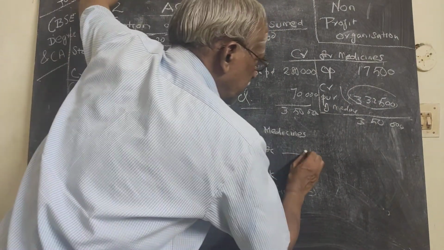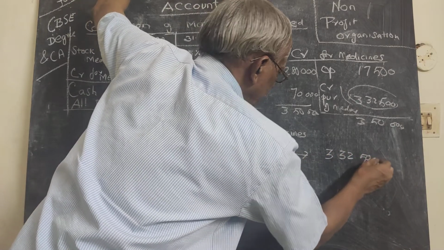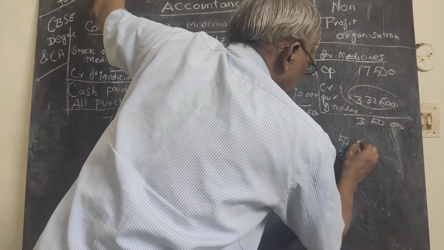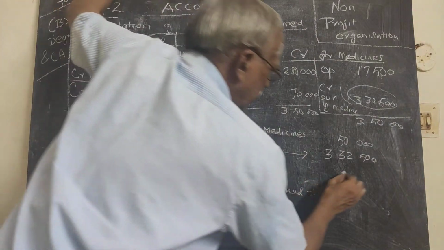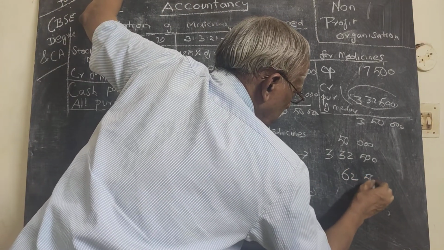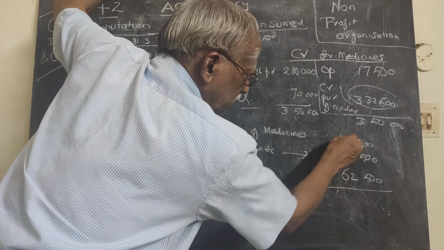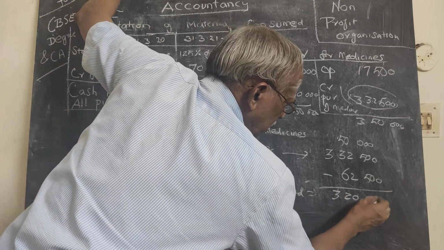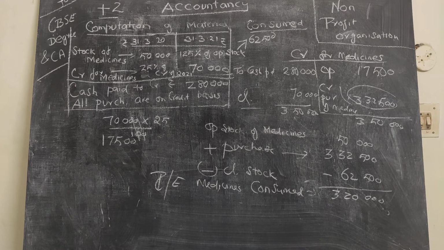So, credit purchase of medicine is 3,32,500. Opening stock of medicine is 50,000. Closing stock is given and we have calculated it as 62,500. Now add this, you will get 382. Out of that 62 goes, so 3,20,000 is the amount of medicines consumed during the year.